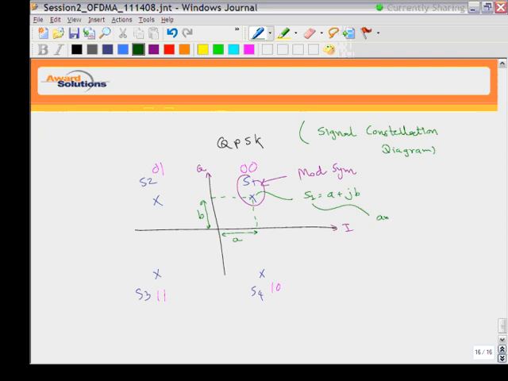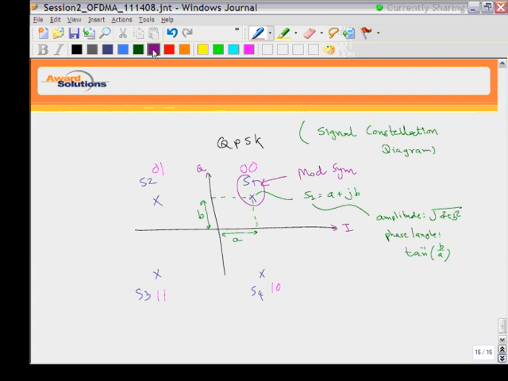So the amplitude is the square root of A squared plus B squared, and the phase or the angle would be given by tan inverse of B divided by A. So this is how that signal would look.